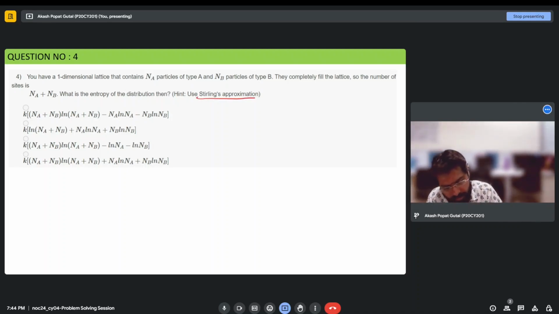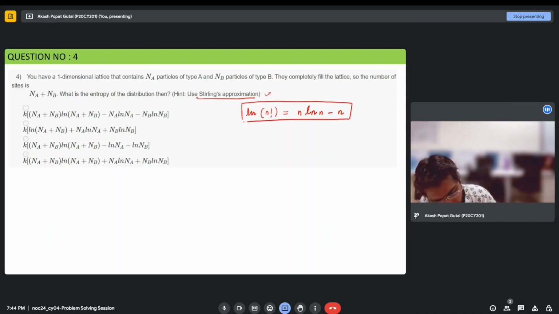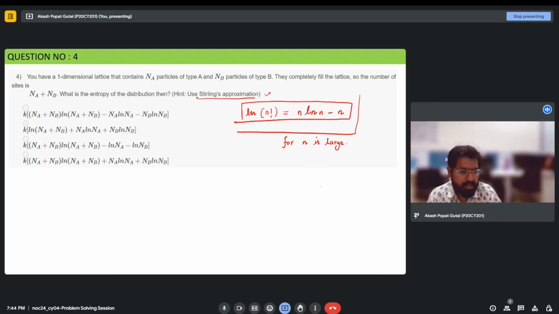You must have seen in the lectures also that the Stirling approximation is, suppose you want the logarithm of n factorial, which turns out to be n into log of n minus n, and this is only valid for n sufficiently large.